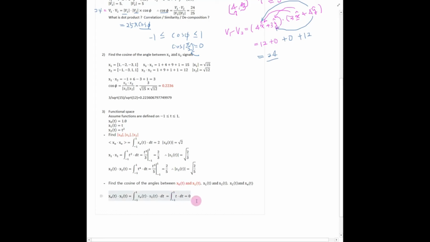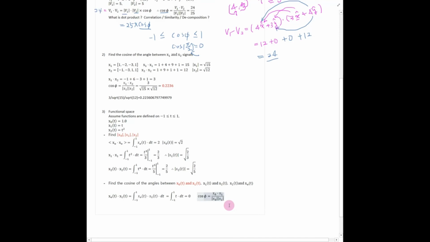It means that x0 and x1 are orthogonal or independent, and we know that the cosine of the angle is given by the dot product of x0 and x1 over the x0 magnitude times the x1 magnitude.